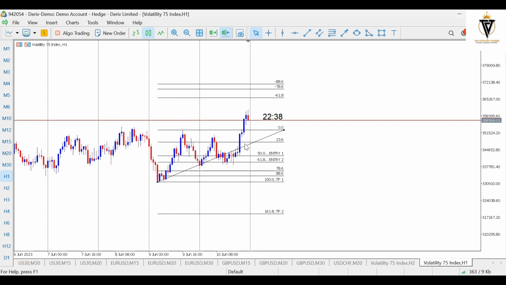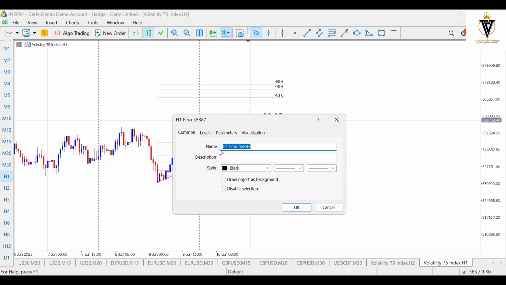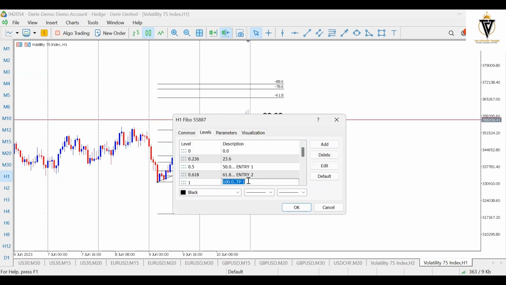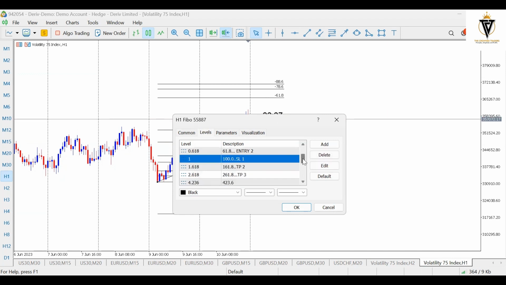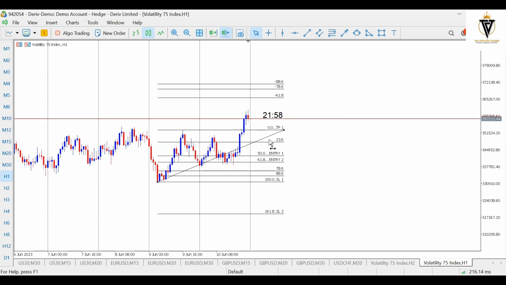We're supposed to make our 100 levels our SL points. SL1, it's our 0 level that is our TP point. SL2, SL3, and so these are TP1.